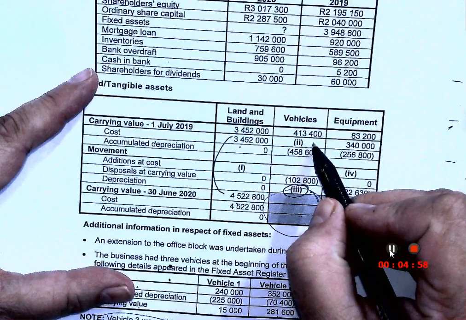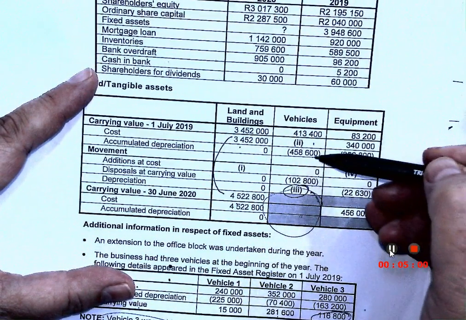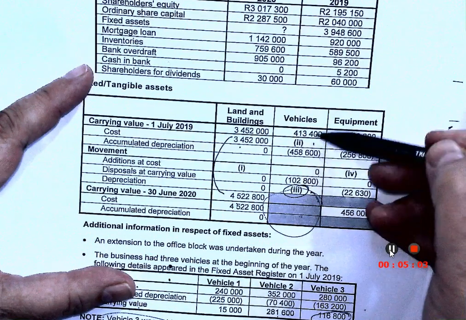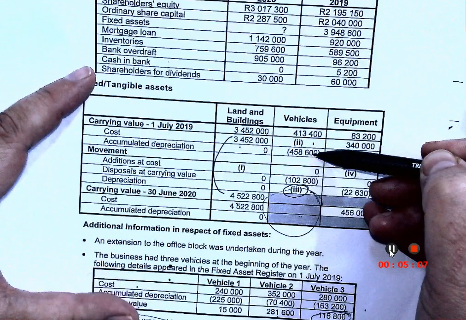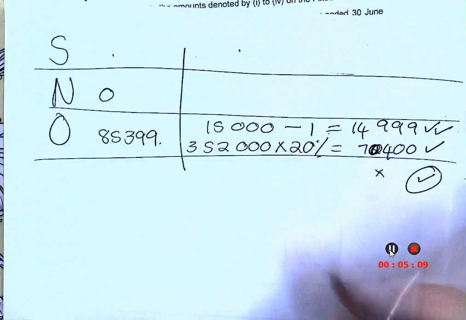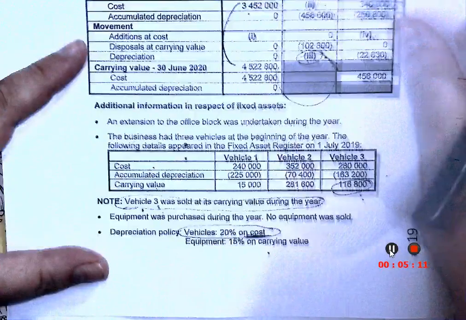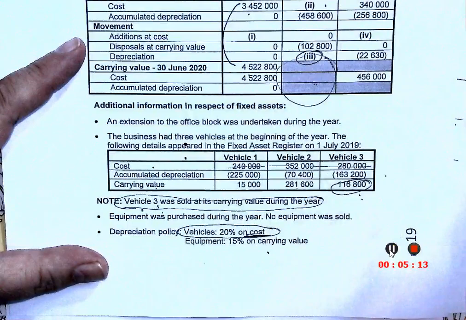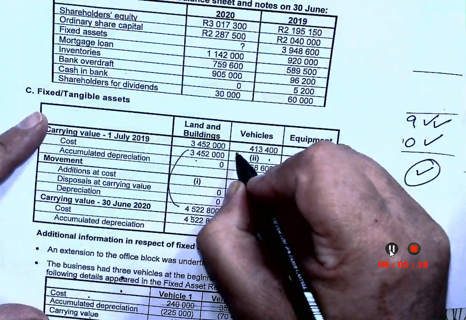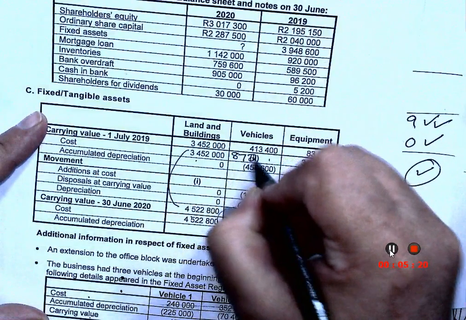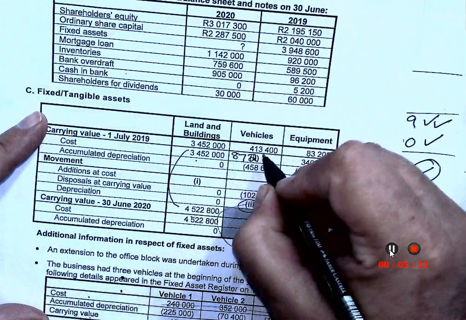Okay, so number 2, let's look at number 2. Number 2 I can do because I can either say 413 and the difference, add 458, or I can just go to the information and add the cost of those three. And that gives me what? It can't be just 872.